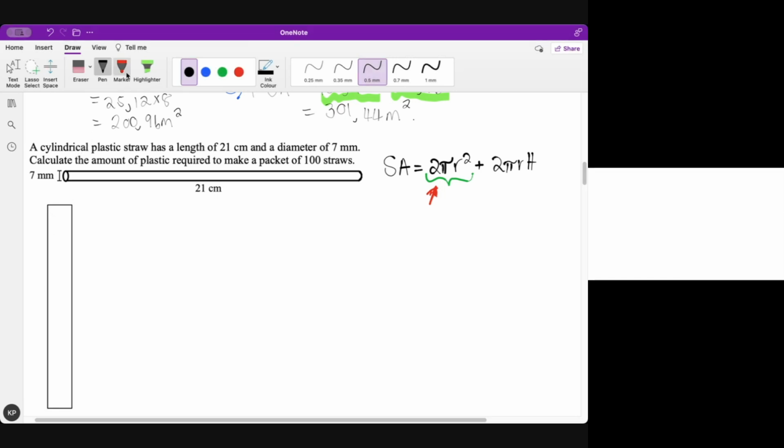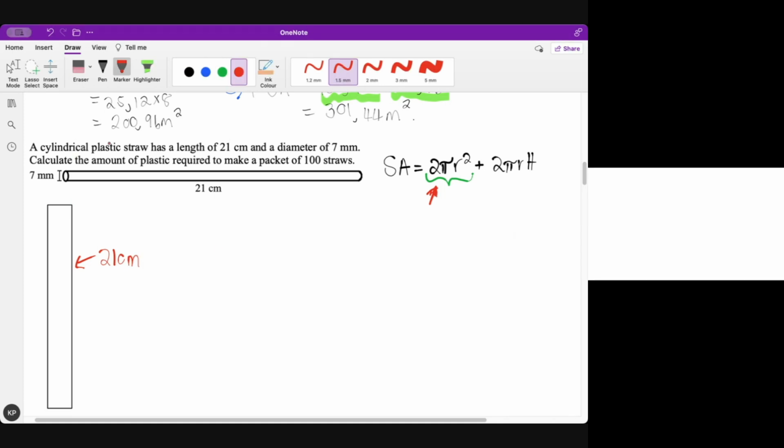So then I want to know, this long side, how long is that? The length of your straw, how long would that be? 21 centimeters. You just unfolded it, okay? So it is 21 centimeters.